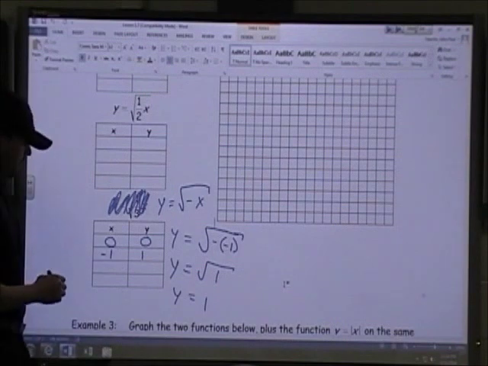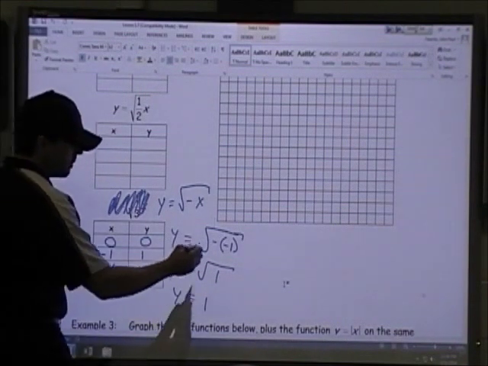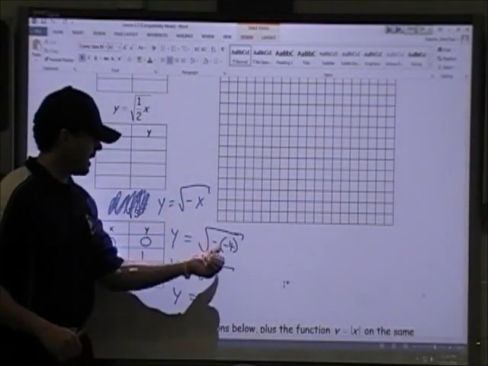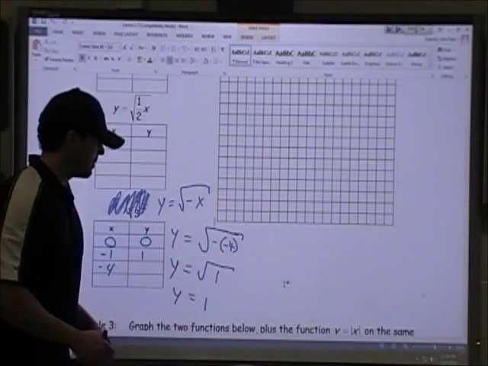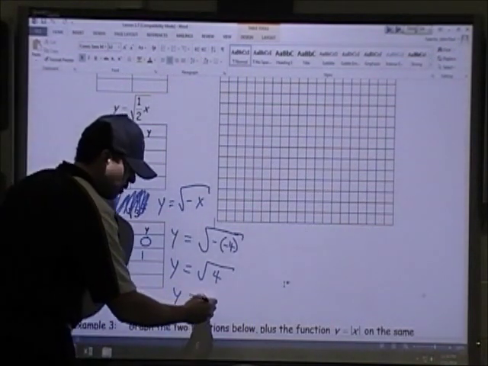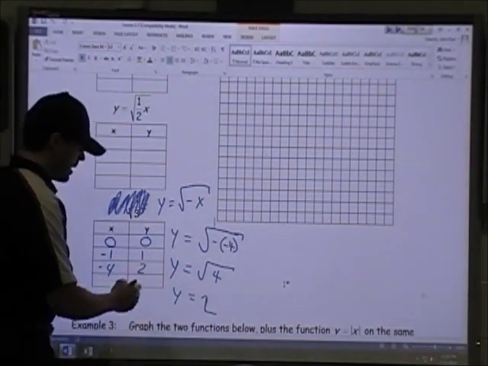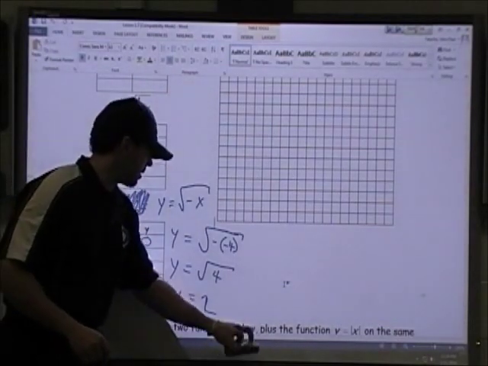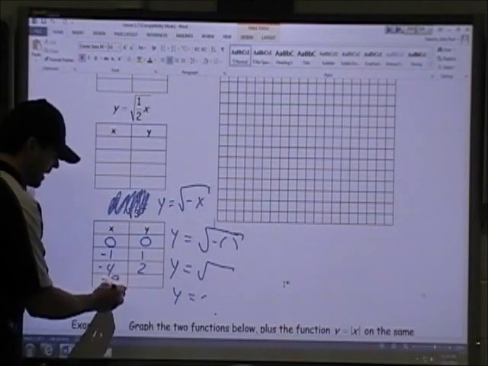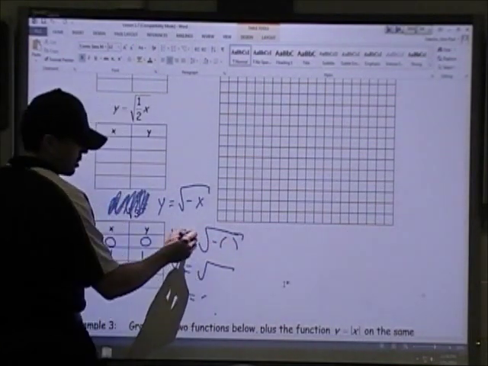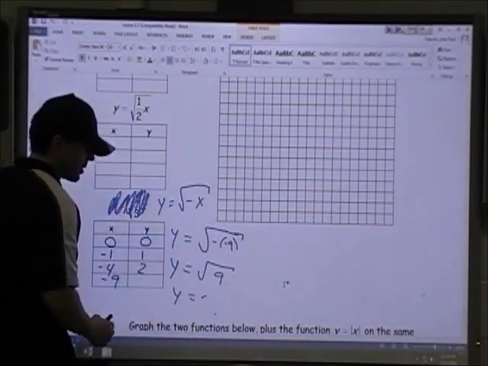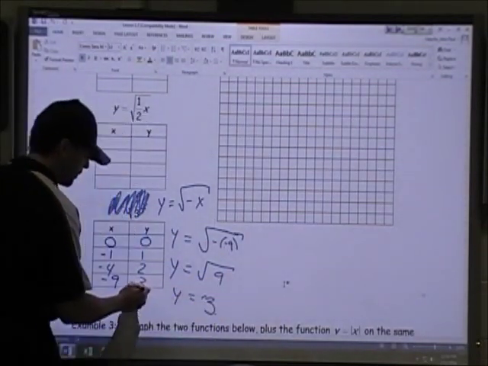The next number that I would plug in is negative 4, because the square root of negative, and then x is negative 4, a minus and a minus become a plus again, so that would be the square root of 4, and the square root of 4 is 2. And then obviously the last number that I would plug in is a negative 9, because I know when I plug in a negative 9, this will be the square root of negative, and then x is negative 9, a minus and a minus becomes a plus, and the square root of 9 is 3.